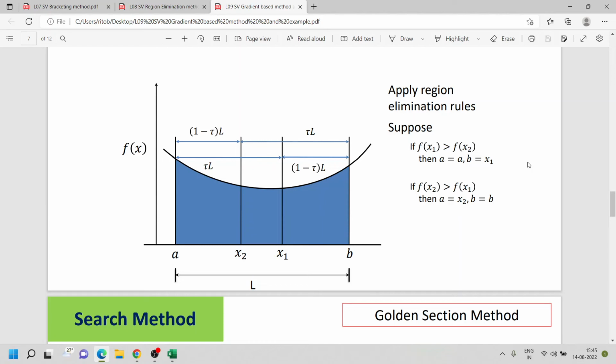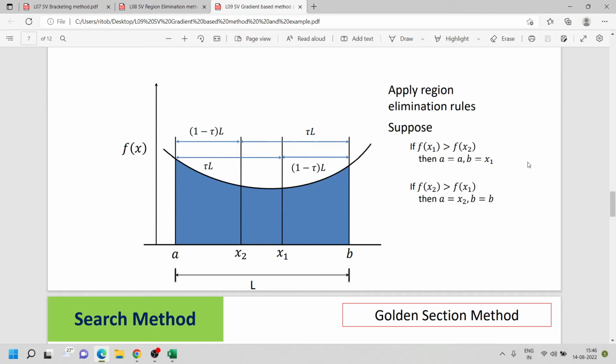Anyway, I think refer to the slides only. I think I've drawn something wrong here. So when your f(x1) is greater than f(x2), you set your a equals to a and b equals to x1. So essentially you are eliminating, I think, this portion. And when the opposite thing happens, you have to eliminate the other portion. You set your a equals to x2 and b equals to b. So you have to eliminate this portion.